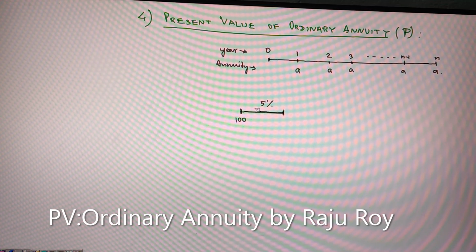Today you are investing 100 rupees, and after 1 year how much will you get? 105 rupees. So the present value of 105 rupees is 100 rupees, which means you have to go backward.